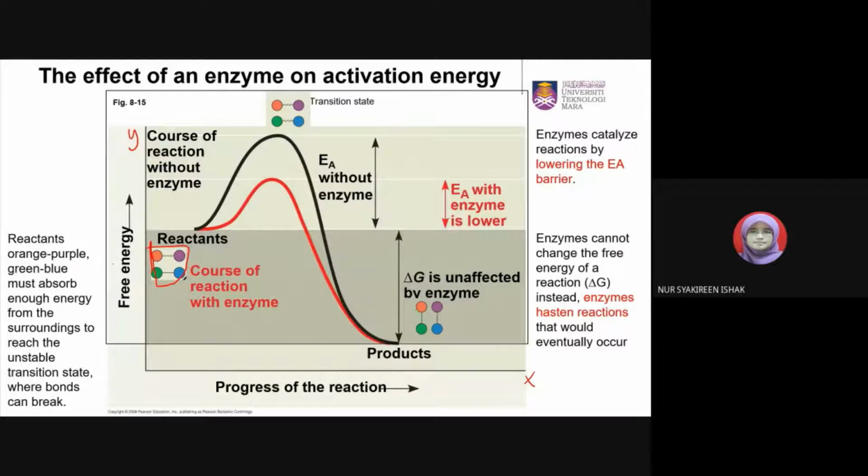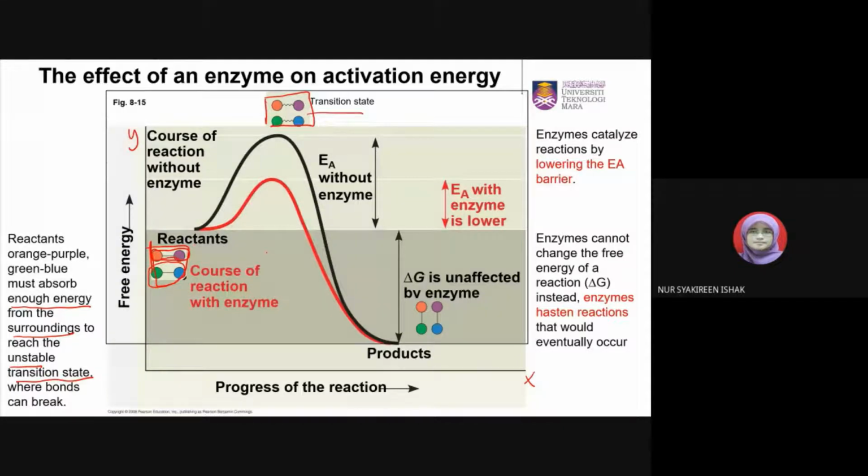The orange-purple reactants and the blue-green reactants must absorb enough energy from the surroundings to reach the unstable transition state. So this is the transition state. As you can see, initially the bonds between the reactants are really stable. As the reactants are involved in the chemical reaction and reach the transition state, the bonds within the substrate will start to break and form new bonds. That is the transition state.